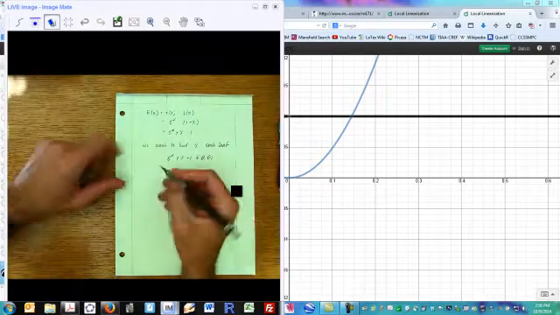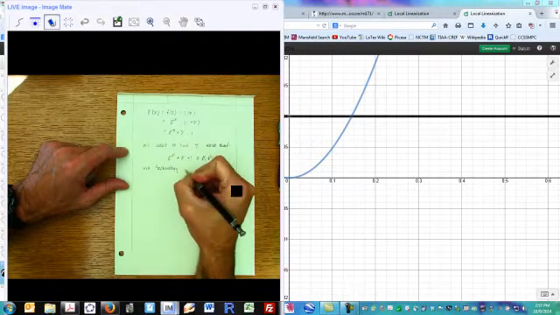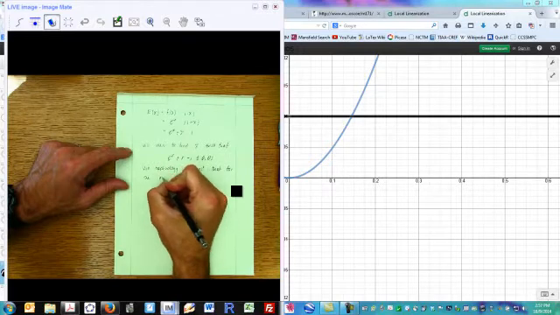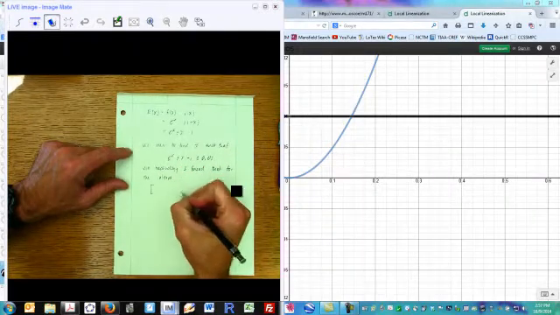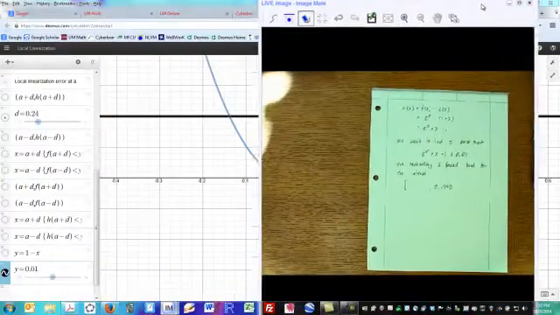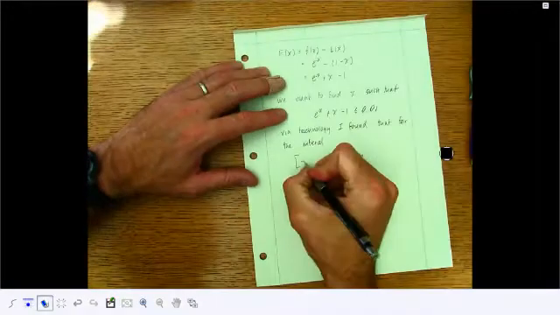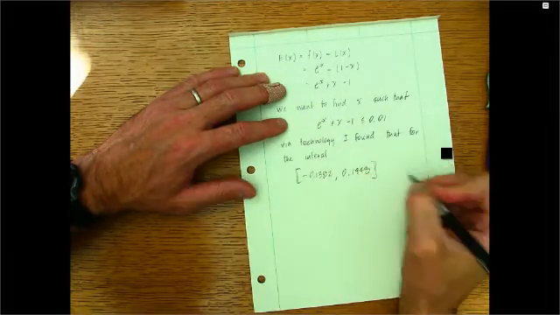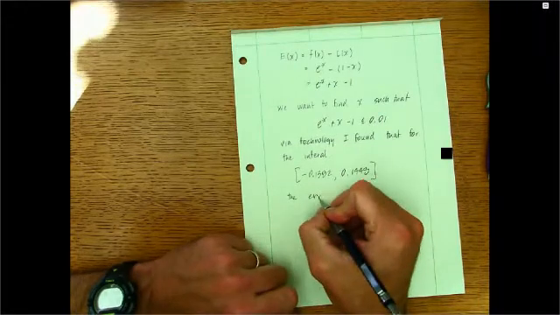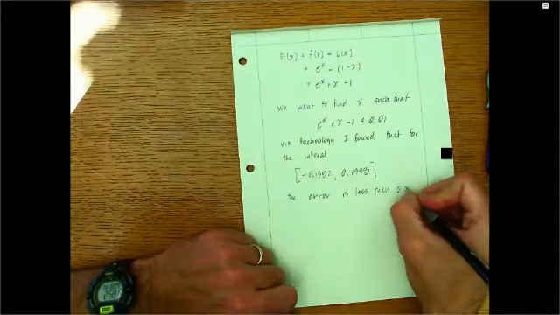So I would write something like, via technology, I found that for the interval from negative 0.1382 to 0.1448, the error is less than 0.01.